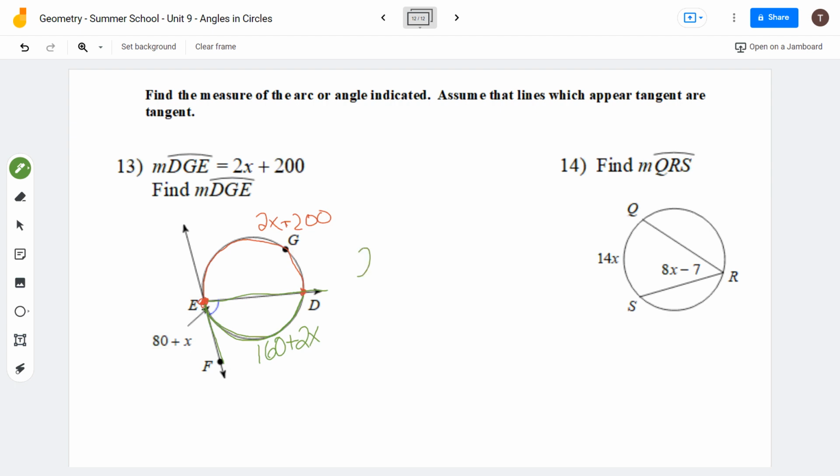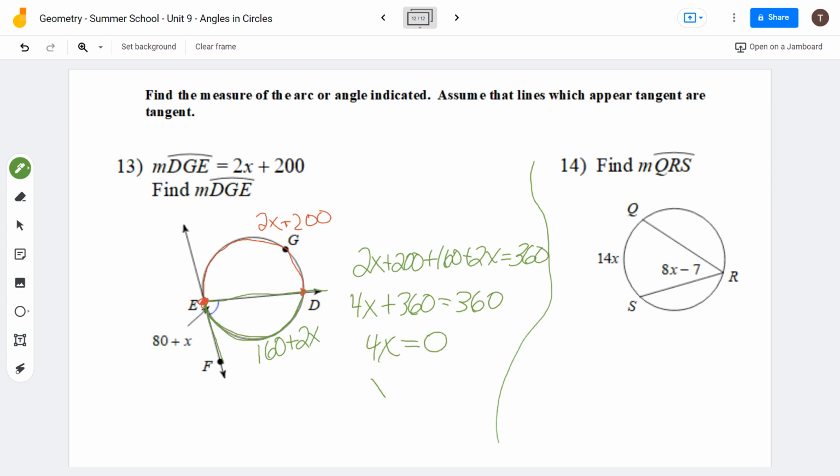So what I can do now is add these up and set it equal to 360 because that's the whole way around the circle. I would combine like terms. X would be 0. So if I wanted to plug that back in to find arc DEG, 2 times 0 plus 200 would just be 200.